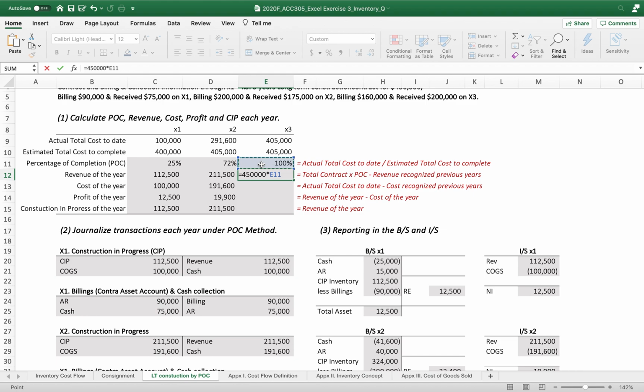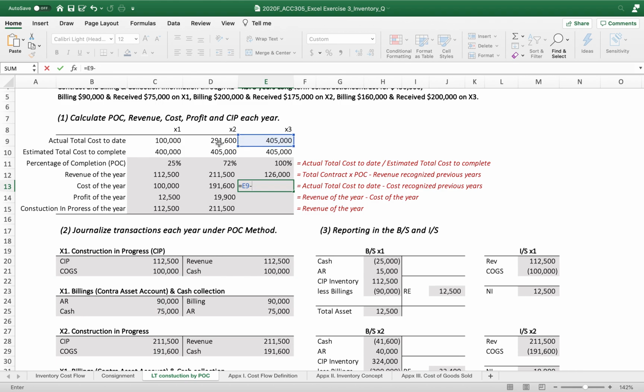I know that is not necessary to do, but anyway, that's 100% minus prior year revenue, because we want to extract only the revenue amount of that third year, right? So 126 is the revenue, and then equal cost of that year. How much is the cost of that year? That's correct. So that is the total cost.